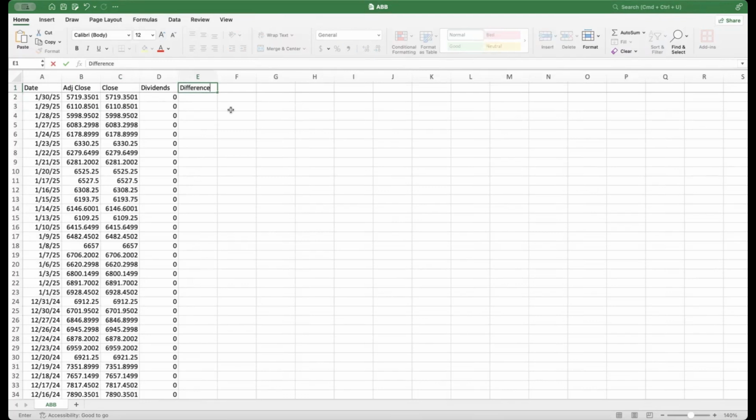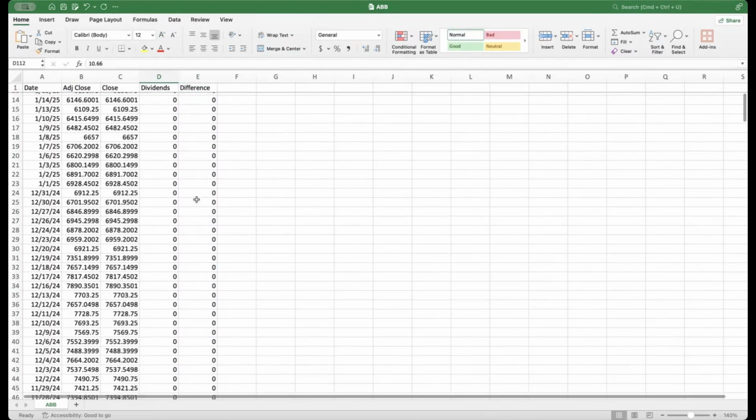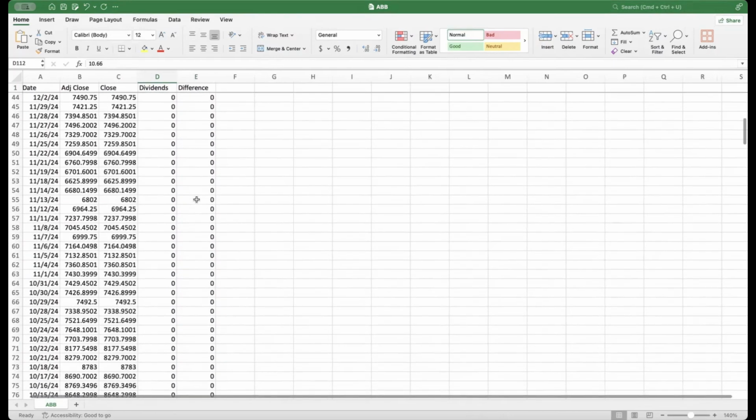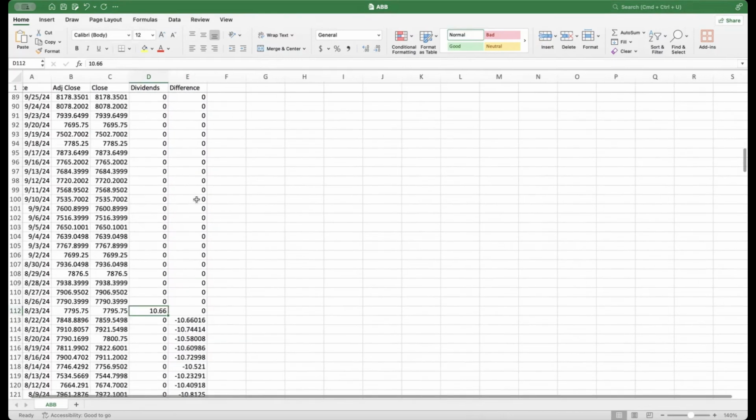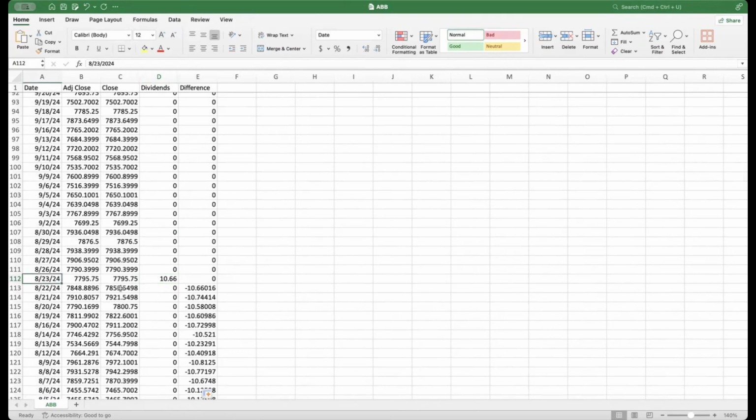Now let me add a column here which computes the difference between these two and scroll this to the end. If you see, it's mostly zero until a time when there is actually a dividend given to the shareholders. So on 23rd of August 2024, there's a dividend of about 10.66.